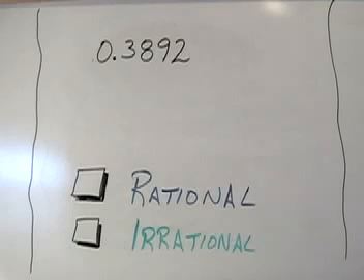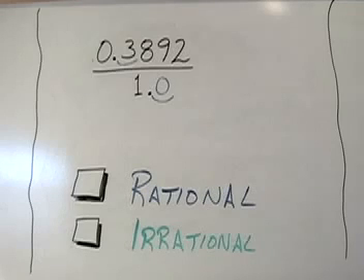0.3892. First, let me show you a way to turn any decimal into a fraction. Remember, we could turn a whole number into a fraction by writing a 1 underneath it. Let's do the same thing here. Now, we can't leave that decimal in the numerator, so let's find the decimal in the denominator after the 1, and let's move both of these decimals together over to the right of the fraction.